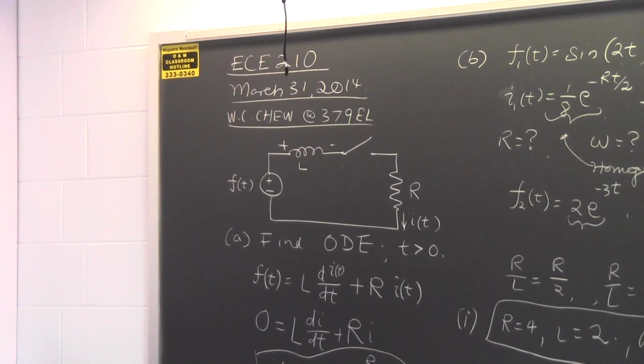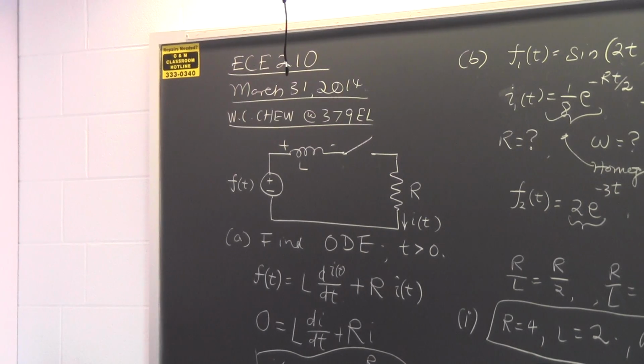All the transients go to 0. So if you look at these two solutions, I1 of t and I2 of t, the only steady state response that remains is this one: I steady state of t is equal to root 2 over 8 cosine of omega t minus 3 pi over 4. Here omega is found to be 2.